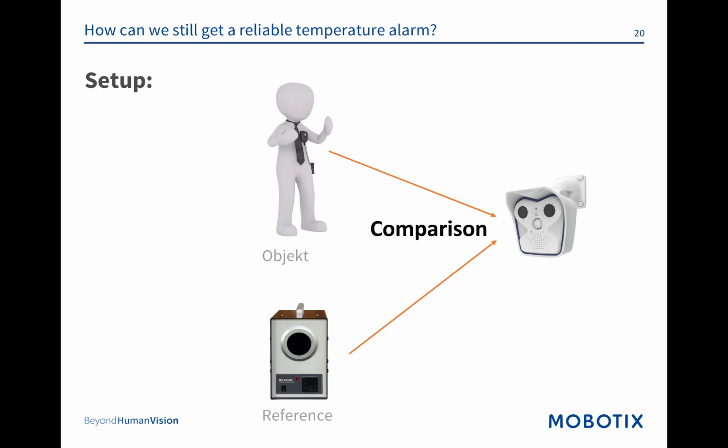But at the end, if you do a setup like this, where you compare two things, a lot of influences will disappear, and this gives us the chance to get a really high accuracy. And this setup I want to show you now in real.